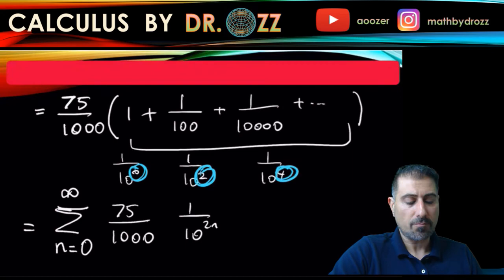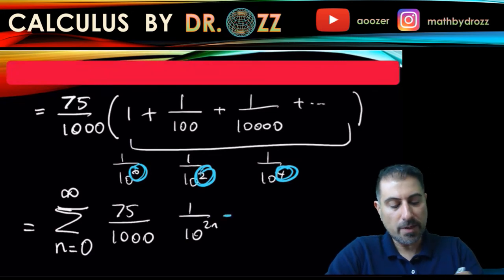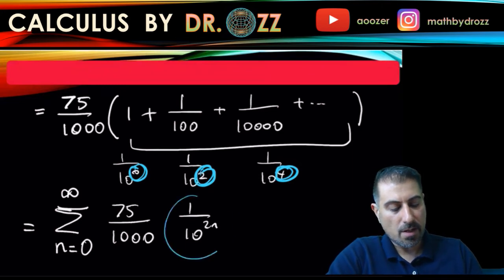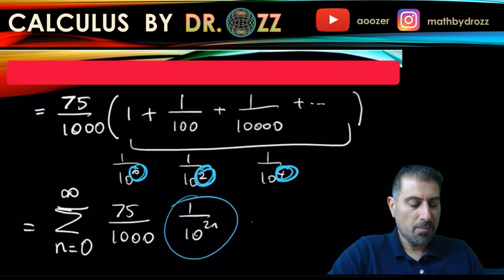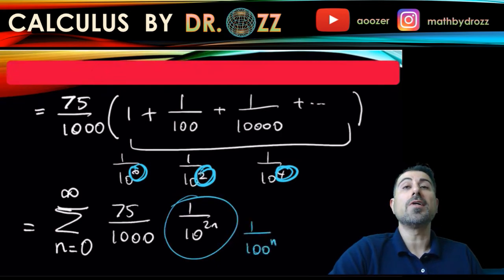We know when the geometric series converges, but before we jump into that, be careful, because I should write this term as a power of n. The bottom is 1 over 100 to the power of n.